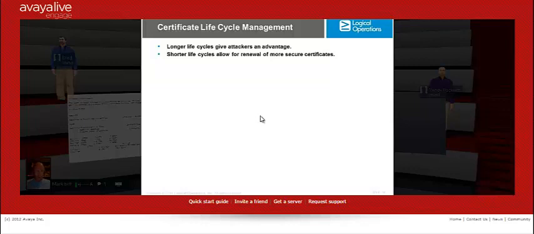So again, the longer the life cycle, the longer the certificate's in play, the more likely it becomes vulnerable over time. Whereas with a shorter life cycle, sure, there's more administrative headache, but you're able to stay on top of security changes more efficiently and effectively.